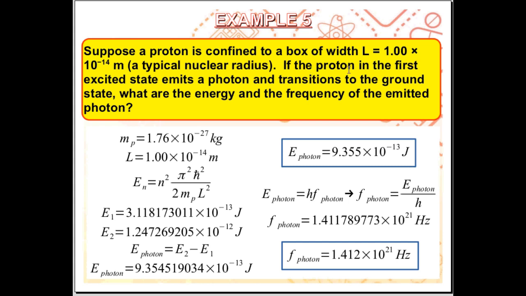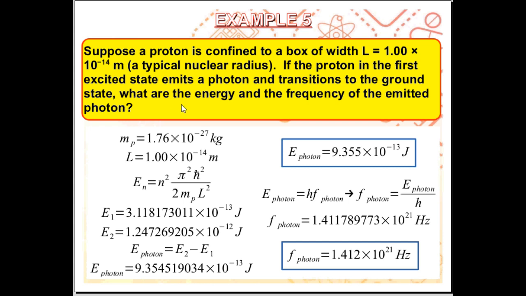If the proton is in the first excited state and it emits a photon, in effect it loses an energy equivalent to the energy of the photon. The proton transitions from the excited state to the ground state, meaning the energy loss of the proton is from excited state to ground state.